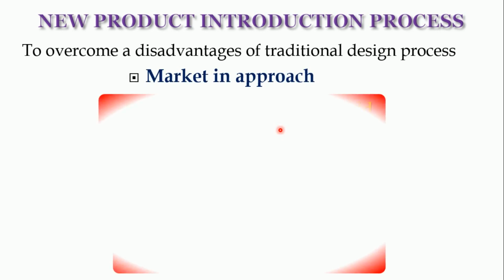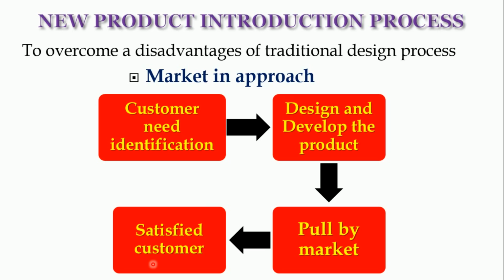Now today, the new product introduction process. To overcome this disadvantage of the traditional design approach, we use the market-in approach. In that, we first go for customer need identification, identifying the latent needs of the customers. Based on those needs, we design and develop the products and manufacture them.